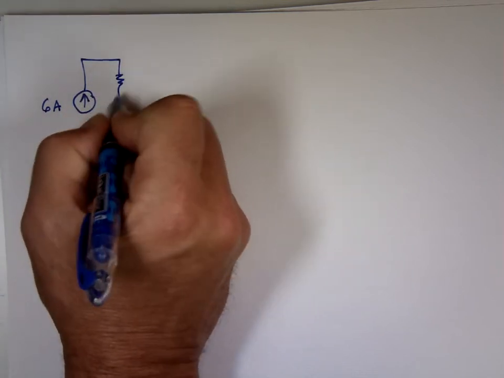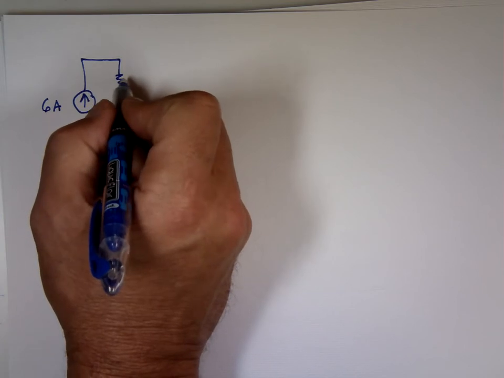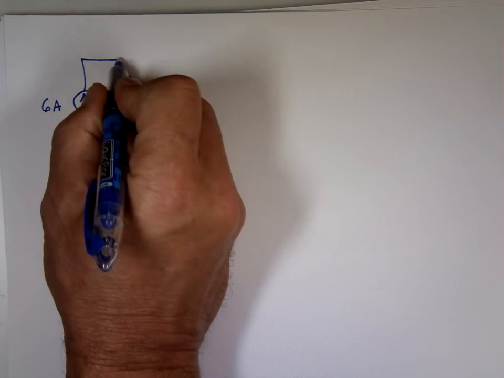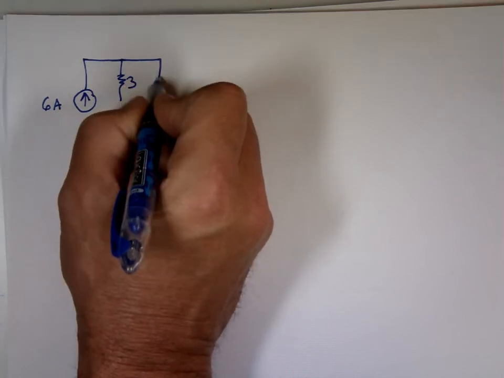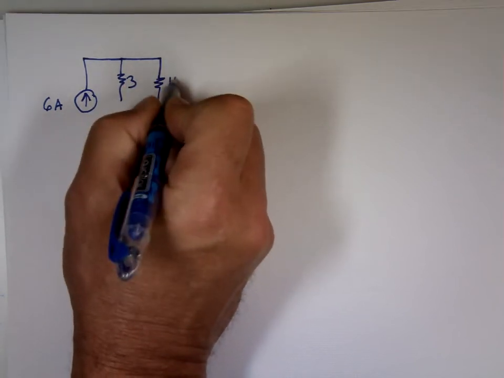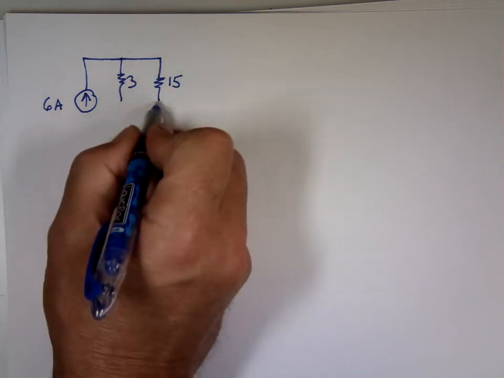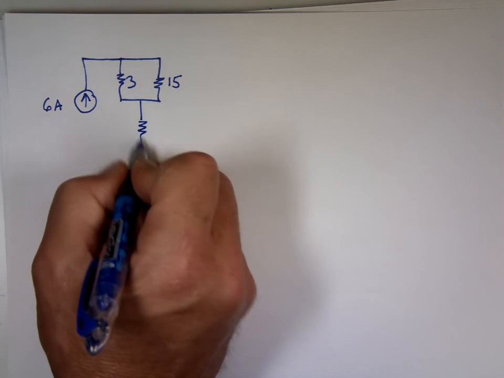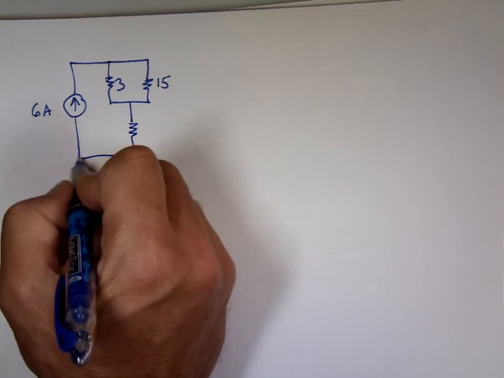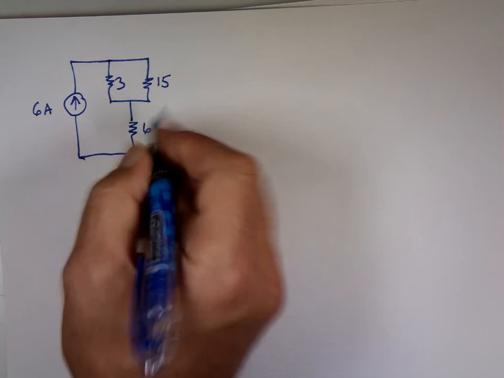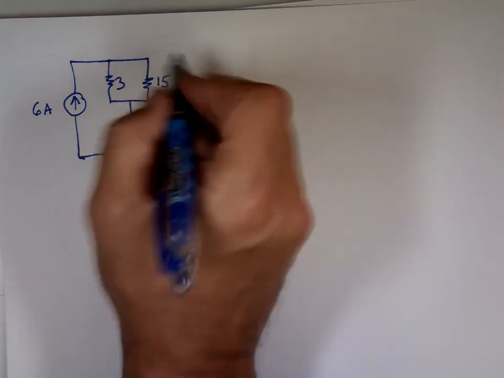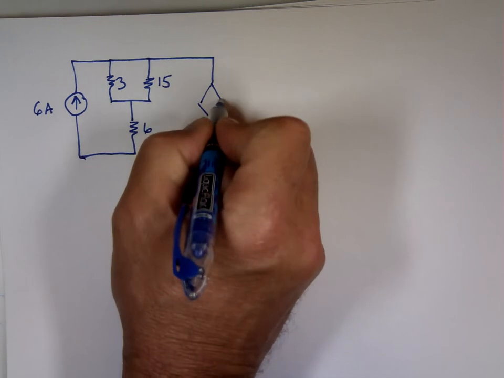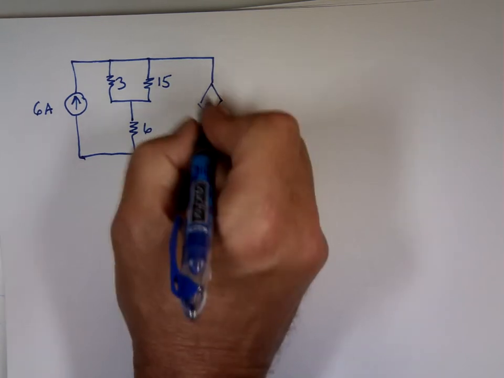I think it's a 3. God, I need to get new glasses. This is 15. Six. Dependent source, the value of 2i, hopefully we'll find where I is.